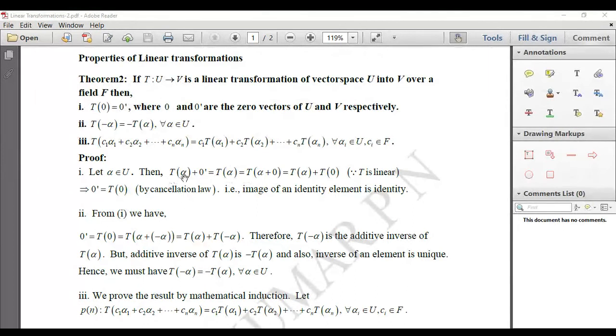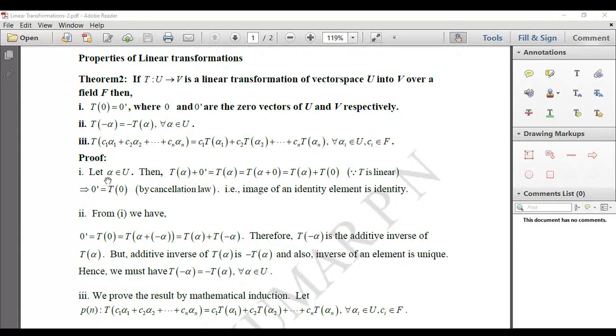Since T of alpha is a vector in V and 0 dash is the additive identity of V, the 0 element plus that element should give you the same element because of the identity law of V. These are all elements in V. Therefore, by the identity law of V, T of alpha plus 0 dash is the same as T of alpha.